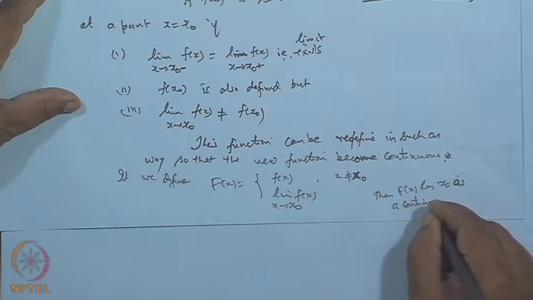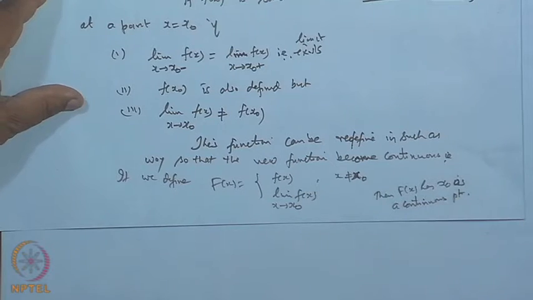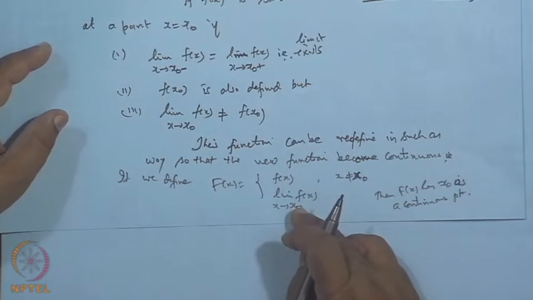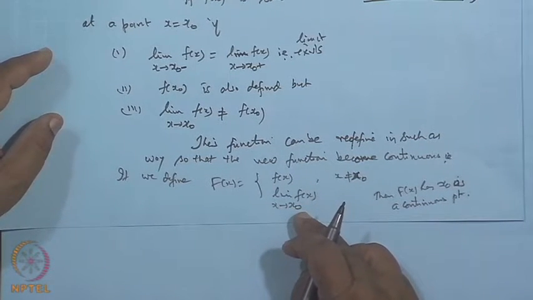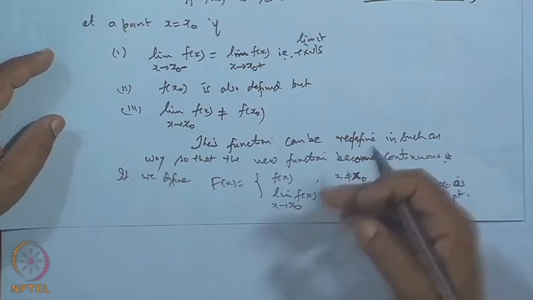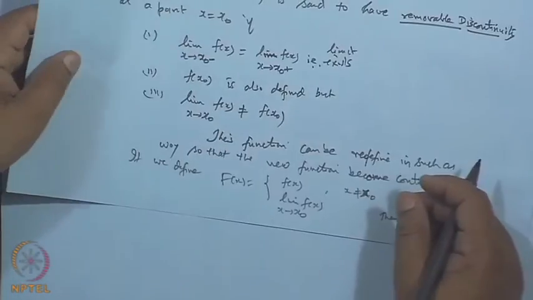So, this function f, where x naught was a discontinuous point, can be converted to a continuous point by simply removing or redefining the function.